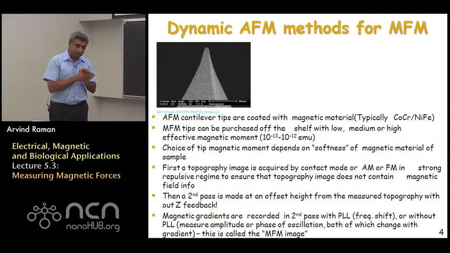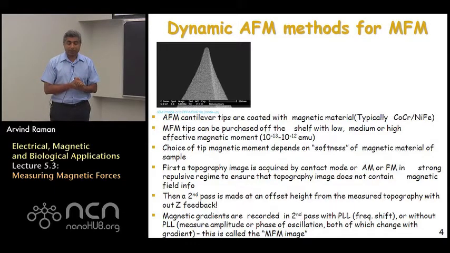Now, the reason why this choice is provided is because, as most of you know, when you've got data stored on a magnetic medium, or magnetic patterns written on a medium, if you apply a very large magnetic field, you can actually affect the very sample that you're looking at. If you've ever brought a magnet in front of a magnetic tape, you would have realized that you can erase the magnetic patterns.